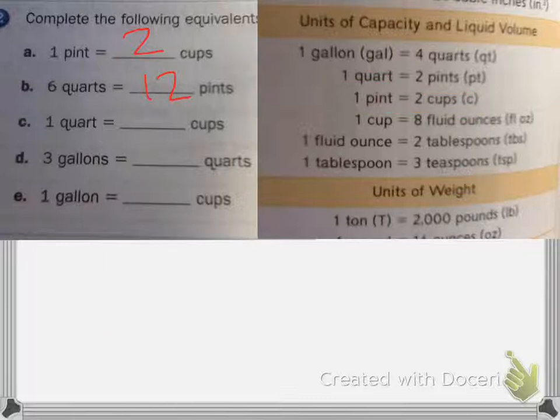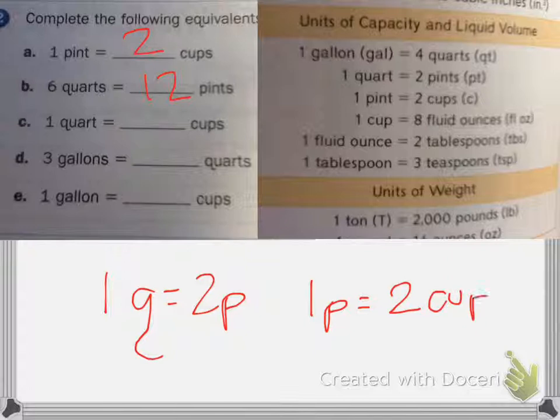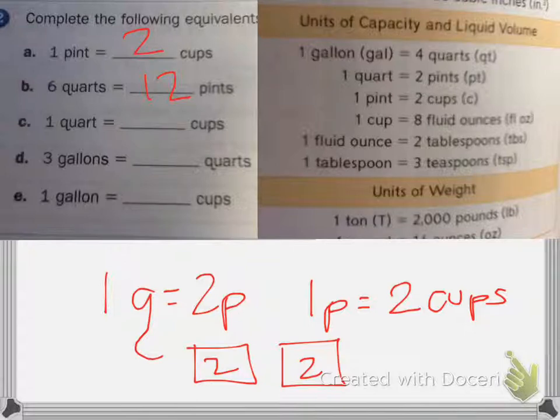The next one says 1 quart equals how many cups? Okay, so we know 1 quart equals 2 pints, and we know 1 pint equals 2 cups. So if 1 quart equals 2 pints, and 1 pint there's 2 cups, here's 1 pint, 2 cups, 2 cups, 4 cups.